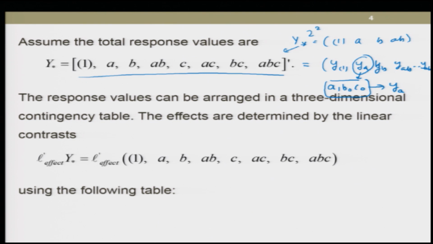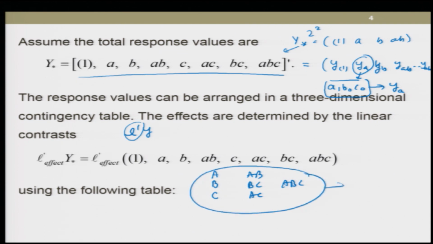Right. And then we had obtained the main effects of A, B and the interaction effect AB in the case of the 2 square factorial experiment as linear functions of these y's. So we had denoted them earlier as L transpose y, where L was the vector of elements of unity magnitude, that is 1, with different positions of +1 and -1. So similarly in this case, when you want to estimate any of the effects A, B, C, AB, BC, AC or ABC, what we have to do?